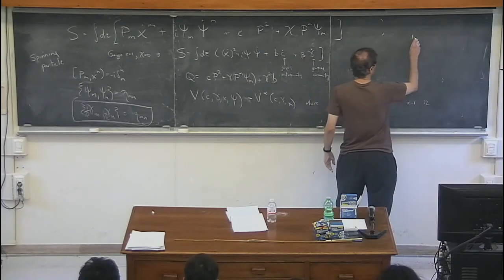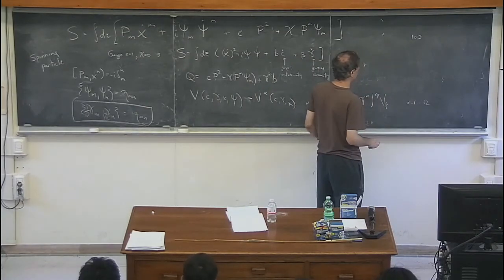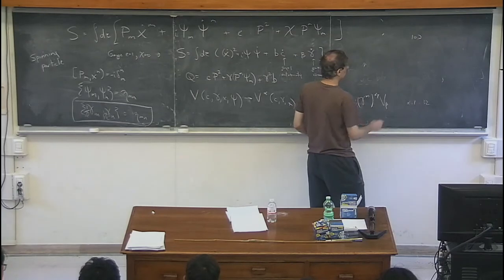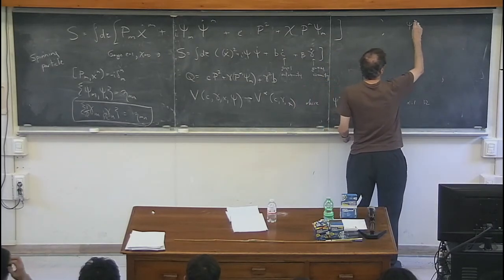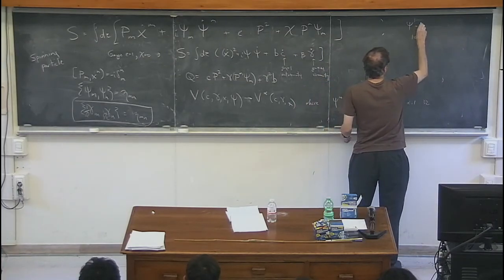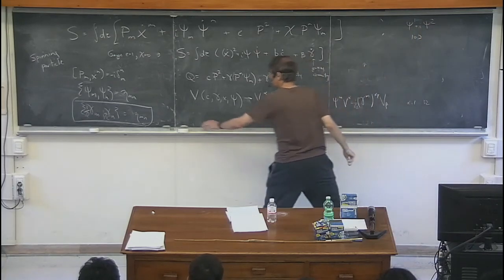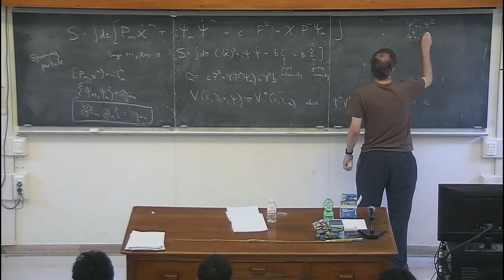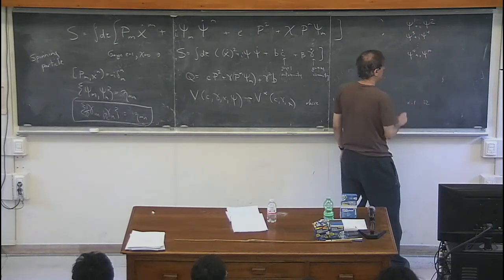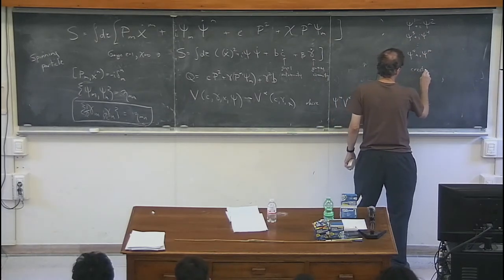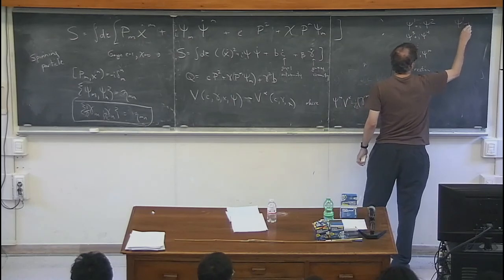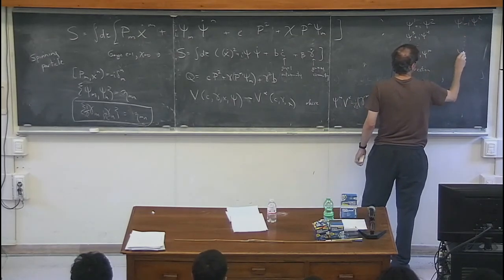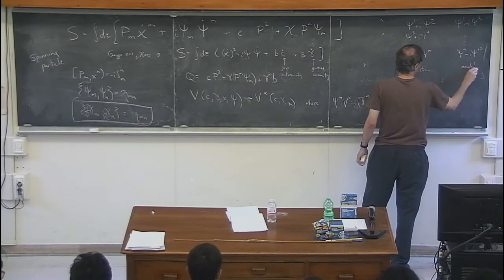So just to tell you what the relation is, let's suppose we chose psi 1 plus I psi 2 to be creation operators, and psi 1 minus I psi 2 to be annihilation operators, so that's a certain choice.